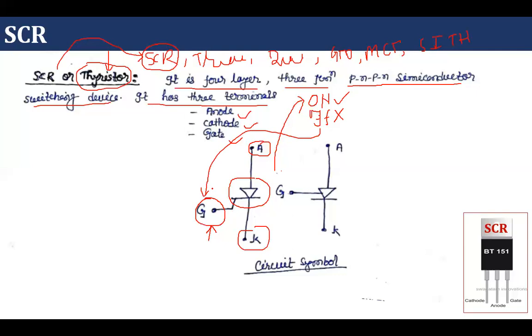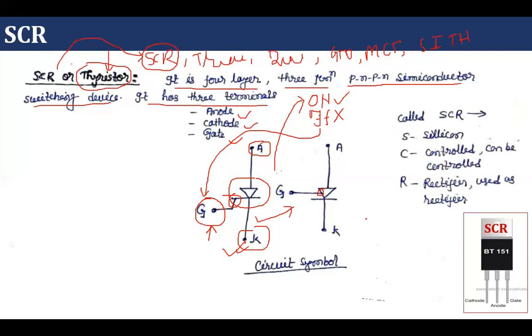We can control only one state of this switch. The same device is also represented by another symbol, with the gate marked at a different point, but this is the most popular symbol, so we are going to use this symbol only in our subject.